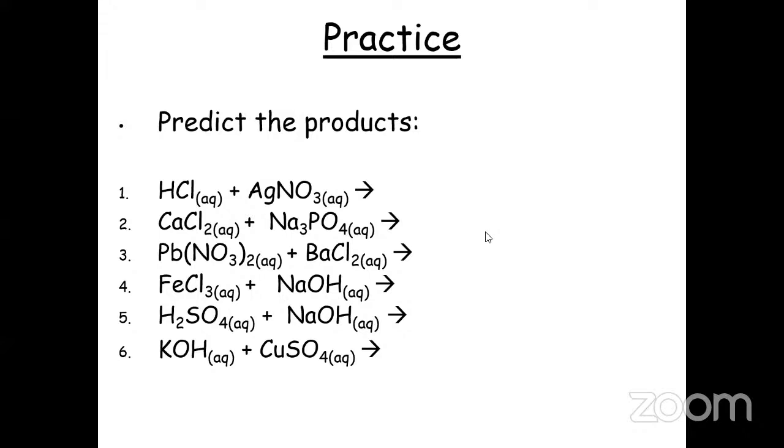The common ones are the ones with two reactants. One of their attributes is usually that they have two reactants.